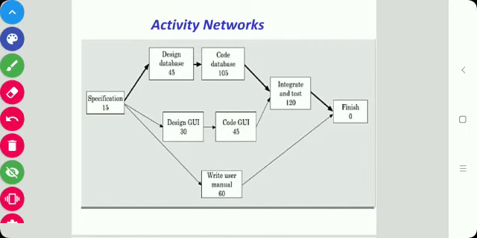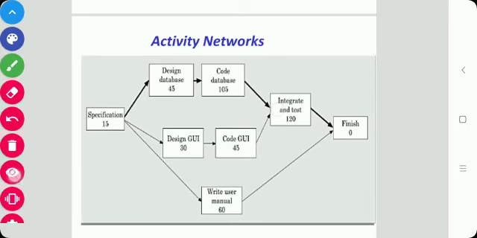The WBS representation of a project is transformed into an activity network by representing the activities identified in the WBS, that is the work breakdown structure, along with their interdependencies.